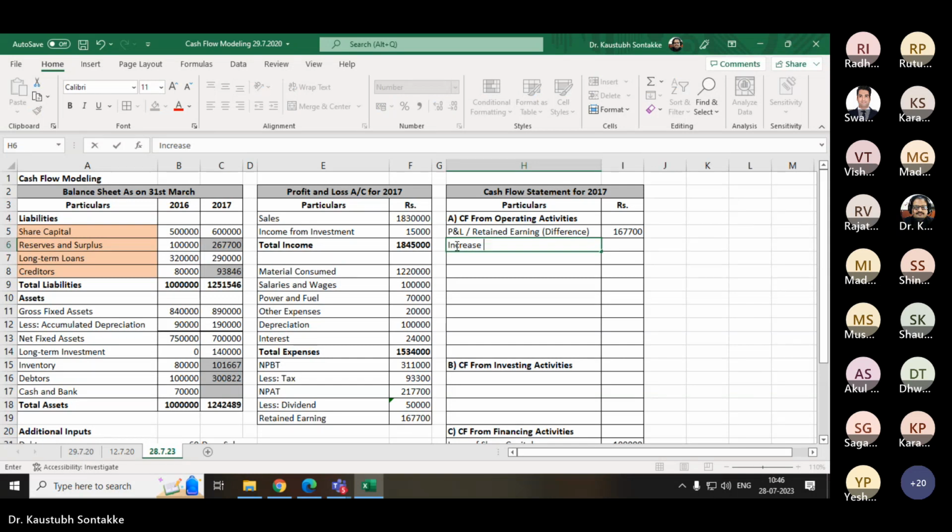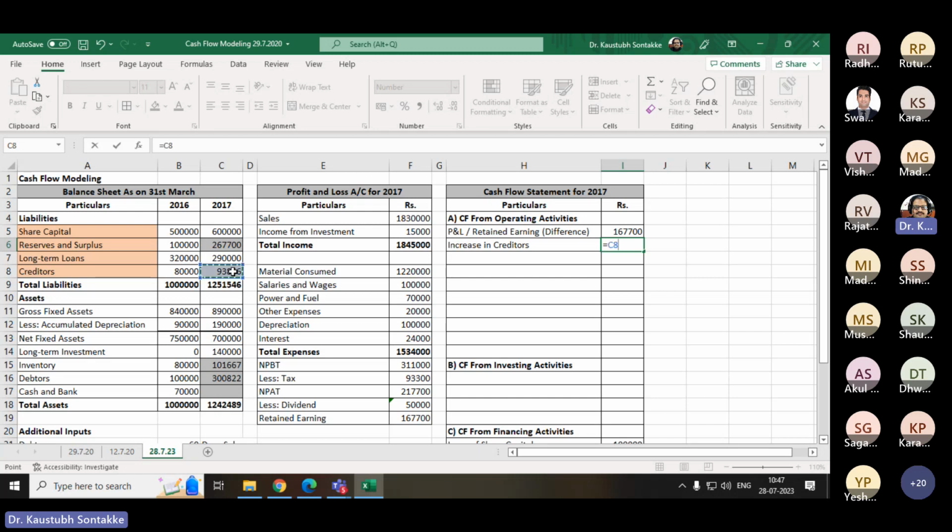Increase in creditors is cash inflow. It means you have not paid it, so obviously the cash remains with you, that is cash inflow.